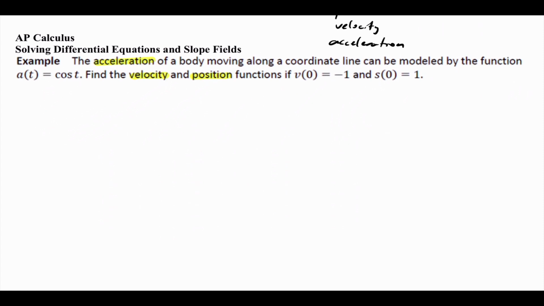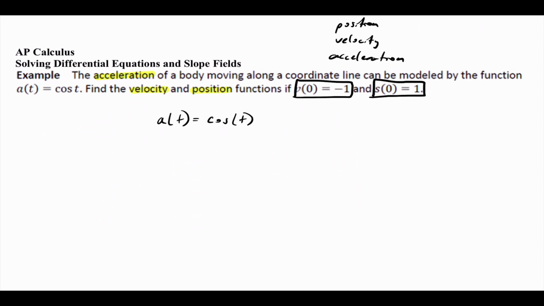Okay, so the acceleration of a body moving along a coordinate line can be modeled by the function a of t equals cosine of t. They want us to find the velocity and the position when velocity equals this and position equals this.